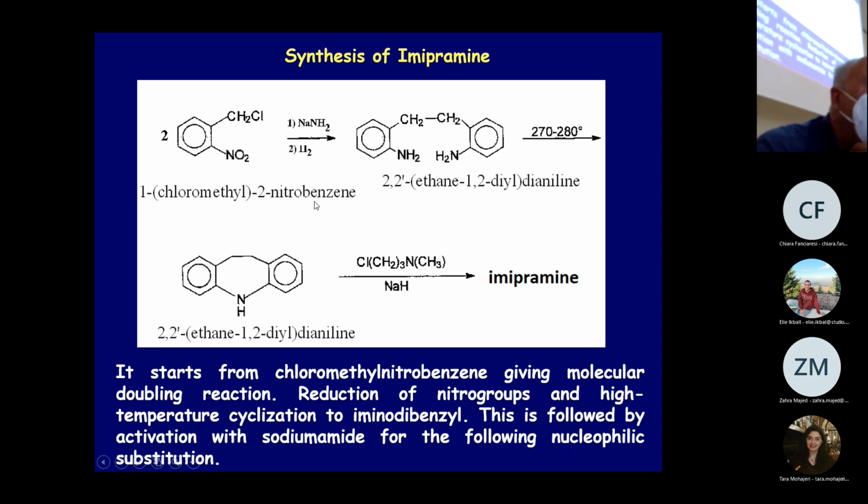And then by warming, we can have the closure of the central 7-member ring. And then once again, strong base, sodium hydride, very strong. We can take this proton away. The minus charge is able to attack the side chain to give imipramine.